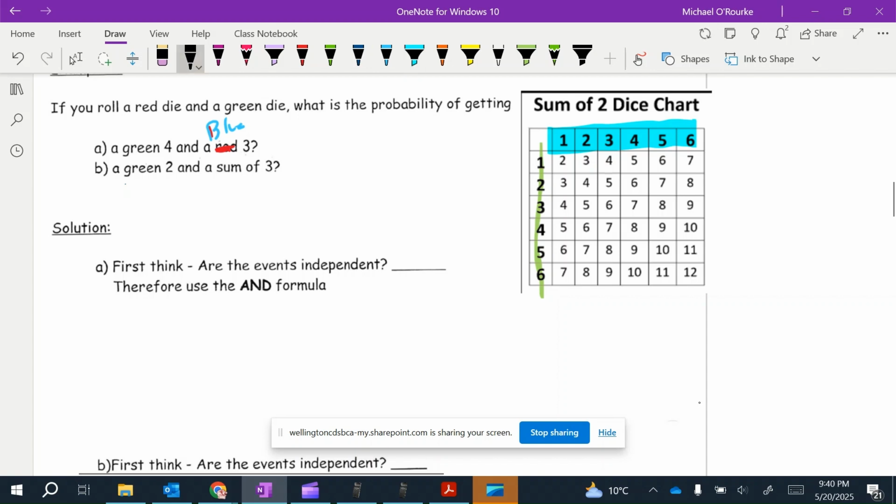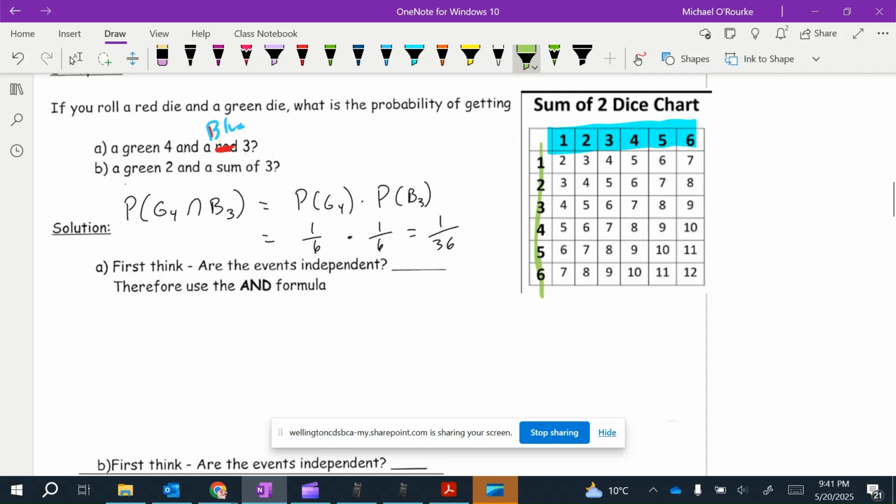So the probability of getting a green 4 and a blue 3 equals the probability of getting a green 4 times the probability of getting a blue 3. The probability of getting a 4 is 1 out of 6 on a dice, and the probability of getting a 3 is 1 out of 6. So if we multiply those, it's going to be 1 out of 36.